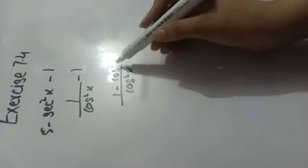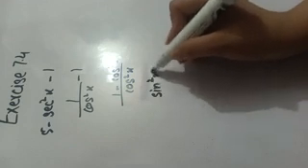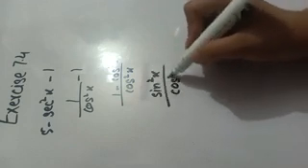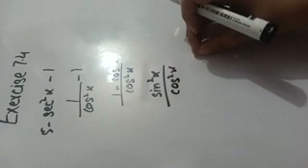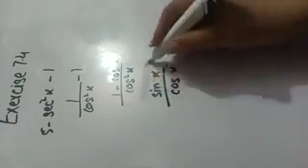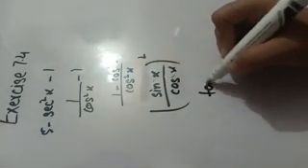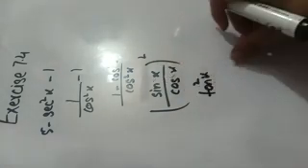Now 1 minus cos square x is equal to sine square x, so put the value of sine square x in it. Now I am taking the whole square at once. Sine over cos is equal to tan x, so tan square x will be the answer of that.